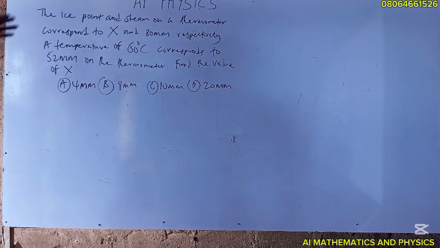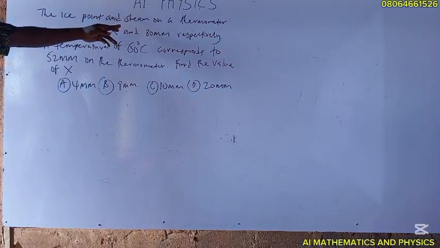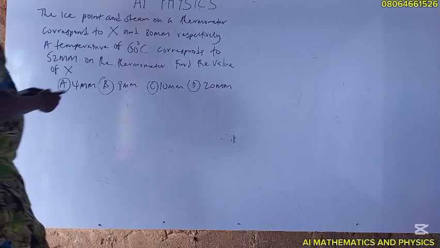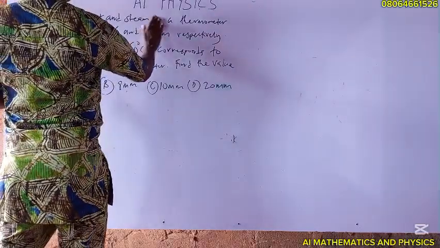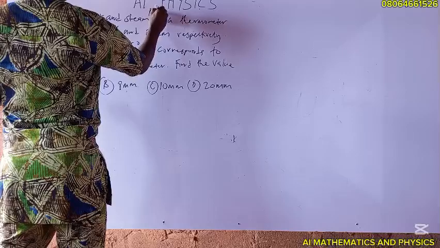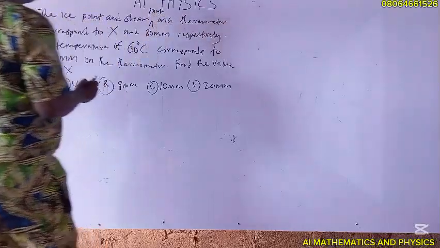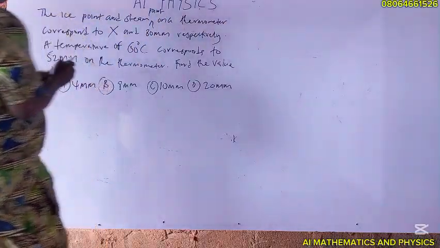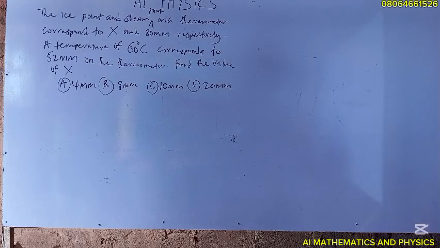This type of question, the ice point and steam point on a thermometer correspond to x and 80 mm respectively. A temperature of 60°C corresponds to 52 mm on the thermometer. Find the value of x.